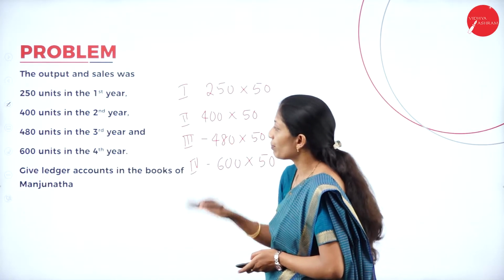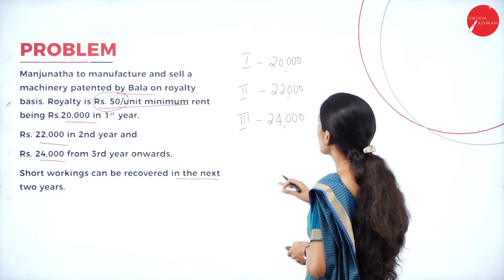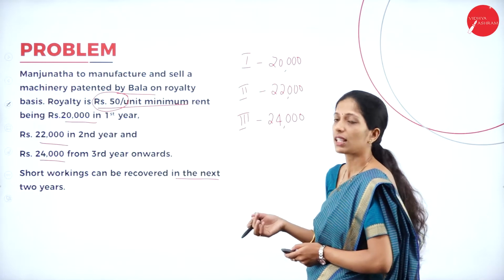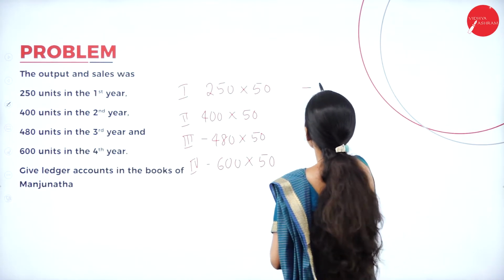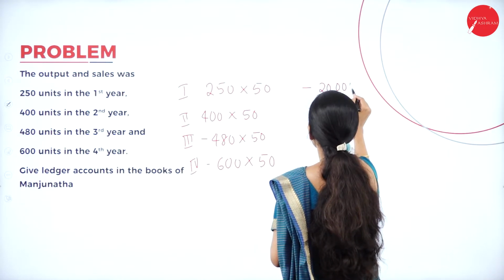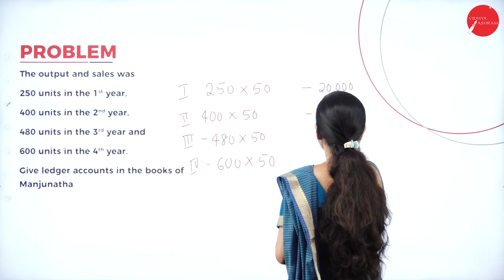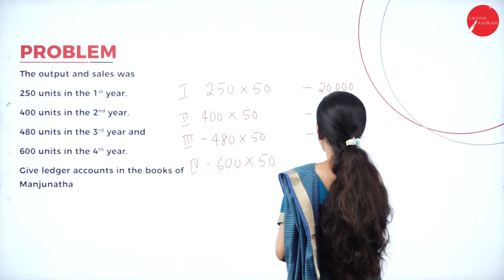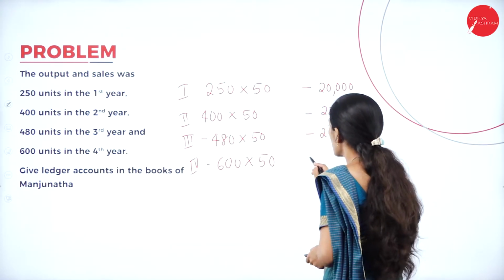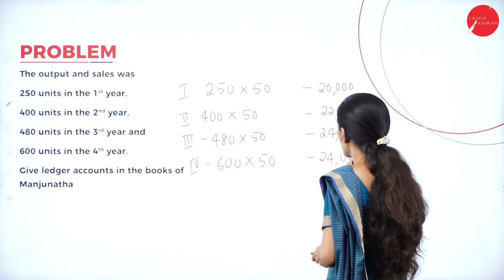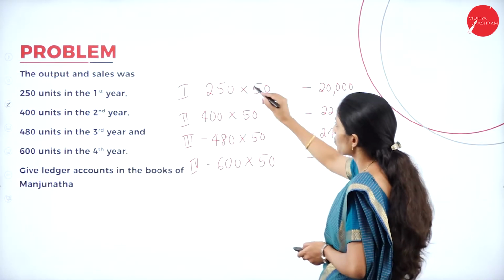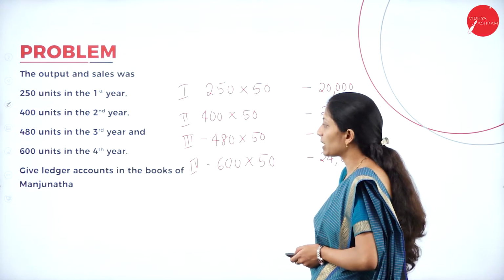As I told you, the minimum rent is how much? 20,000, 22,000, and after that 24,000. So first year minimum rent is 20,000, second year 22,000, after that it will be 24,000. So 24,000 in the third year and 24,000 in the fourth year. So this will be the royalty and this will be the minimum rent.